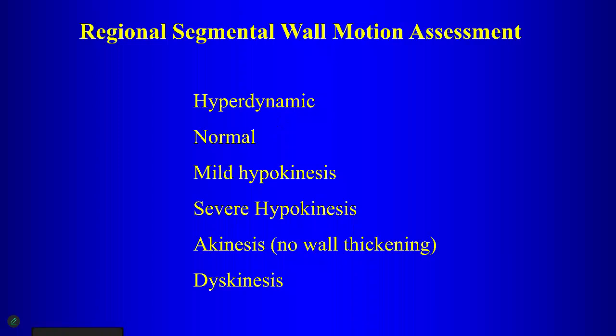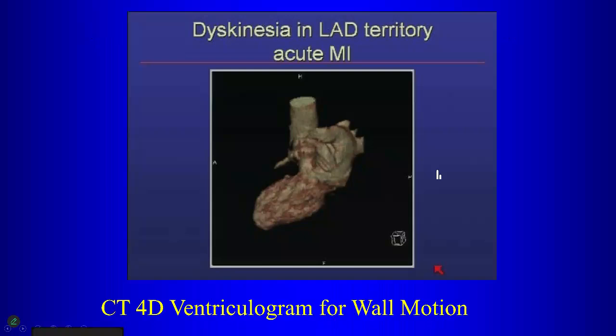Pericardial effusion. No, a pericardial effusion does not give you hyperdynamic wall motion. Hypertrophic cardiomyopathy. Yeah, hypertrophic cardiomyopathy is associated with hyperdynamic wall motion. And then hyperdynamic states too, like anemia, or if the patient is given any kind of stimulant, will also give you hyperdynamic wall motion.